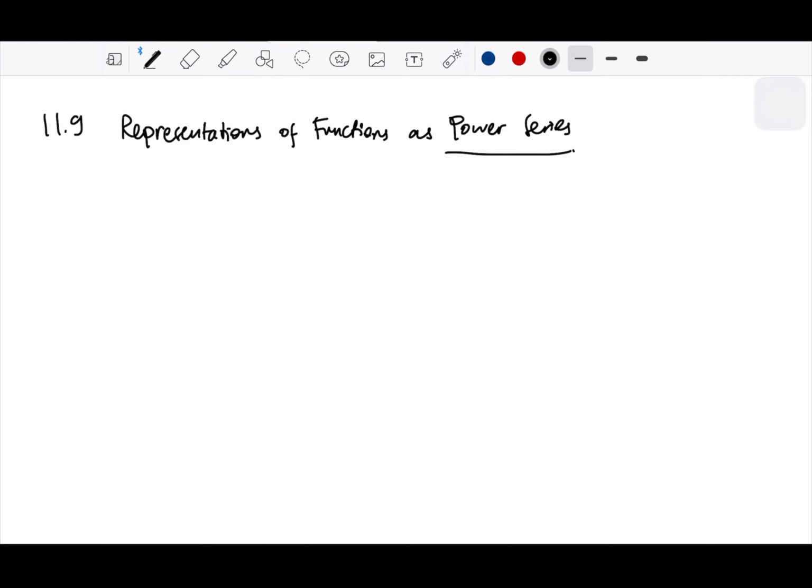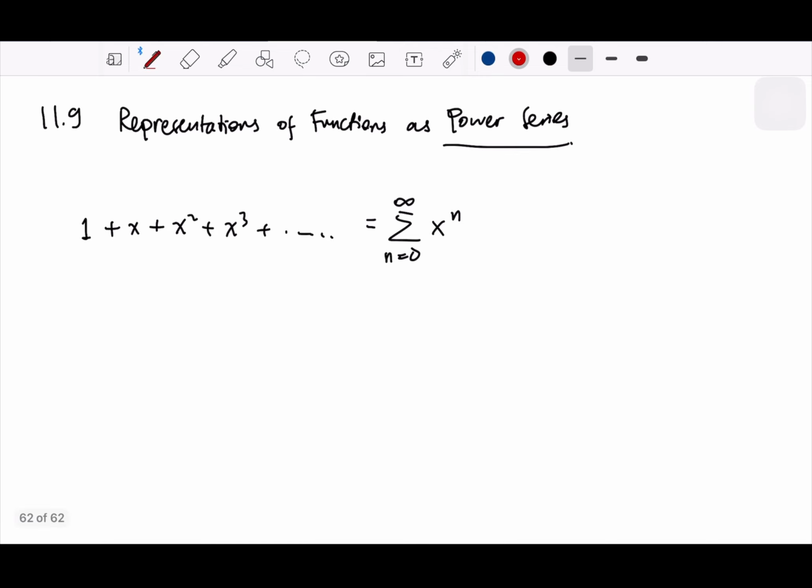I think we have studied or observed this: 1 plus x plus x squared plus x cubed plus ... and we can take this as a series of x to the power of n, in which we can relate this to a geometric series, right? Geometric, because the ratio is actually x. The common ratio is x.